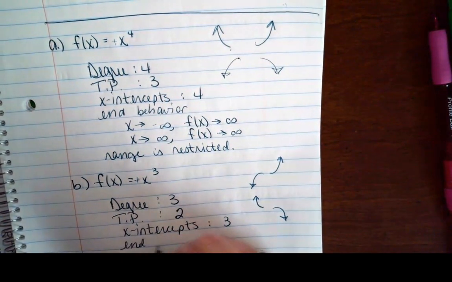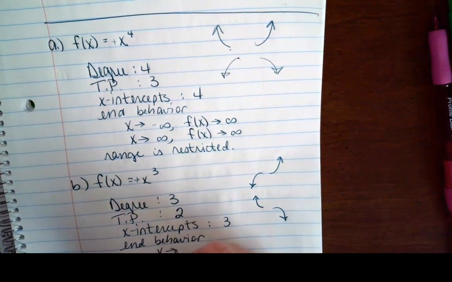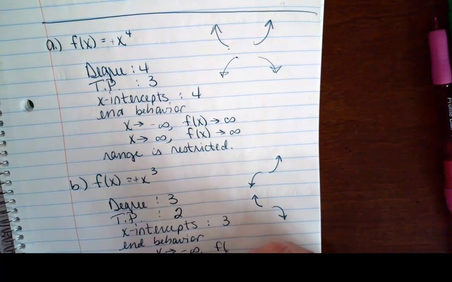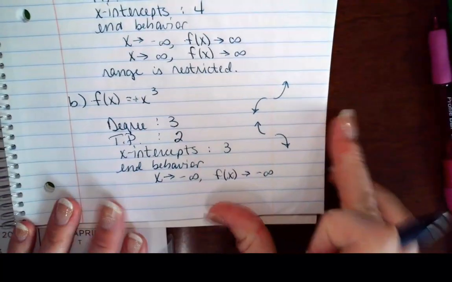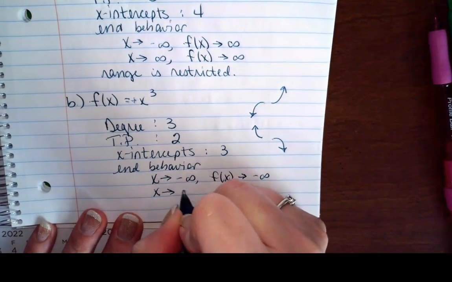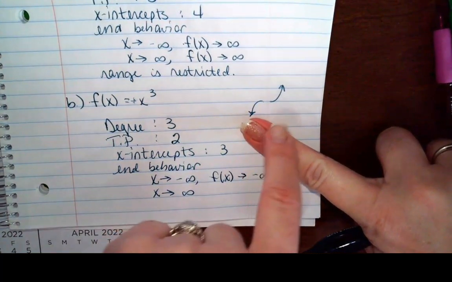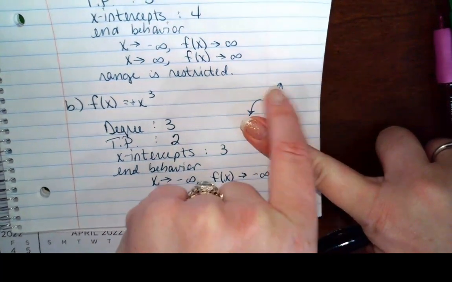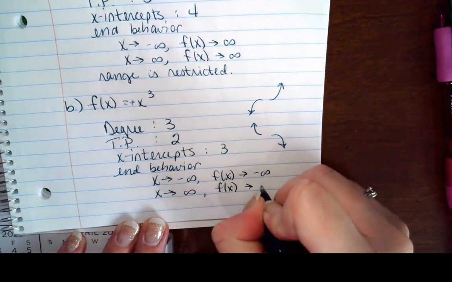So for end behavior, as x moves to the left, my tail will go down. Okay? As x moves to the right, so remember this is if it's negative. I didn't lead off negative. So as I move to the right, where does my tail go? My tail will go up.